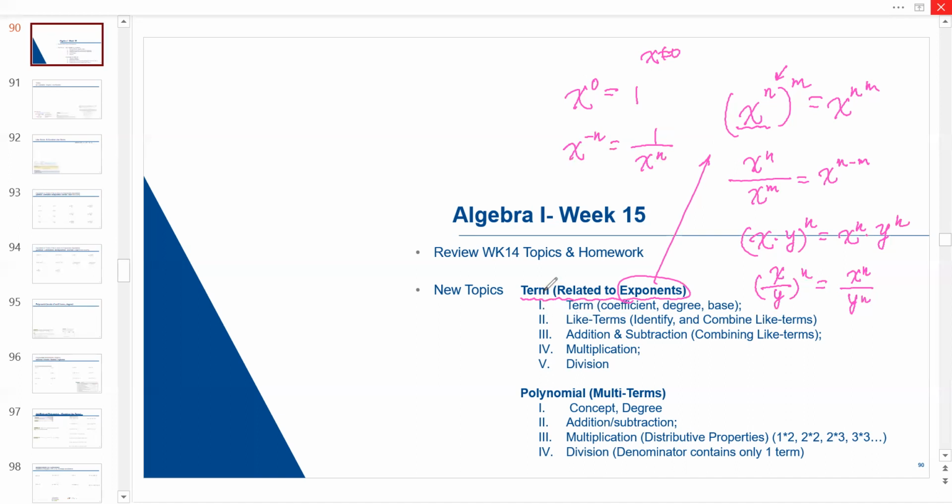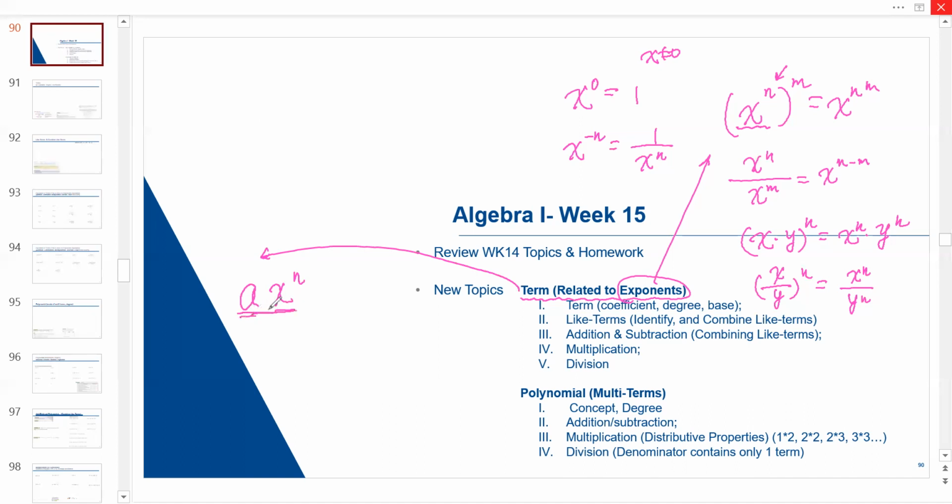Terms extend the exponent part. Actually, we did it already. A term has an additional coefficient in front of the exponent.